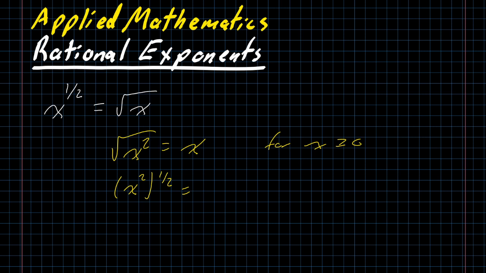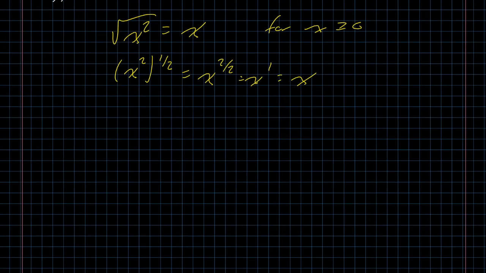And using the product rule, that's x to the 2/2, which is x to the first, or just x. So that idea of a radical as a fractional exponent seems to make some sense.